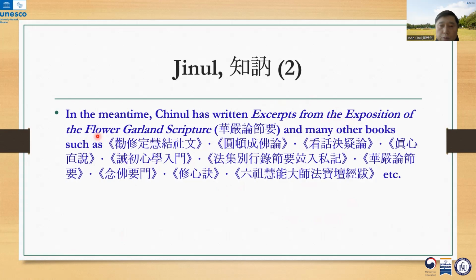From the exposition of the flower garland scripture, in Korean pronunciation we say 화엄론절요, and many other books, such as 권수정해 결사문, 원돈성불론, 간화결의론, 진심직설, 개초심학입문, 법집별행록, 전료, 병입사기, 화엄논전료, 염불요문, 수심결, 육조해, 능대사, 법보단경발, etc. So, he was very productive, as you can see.